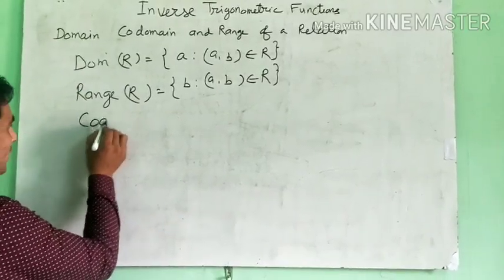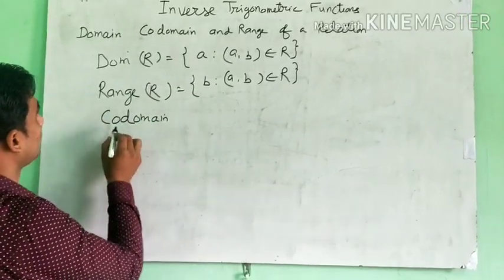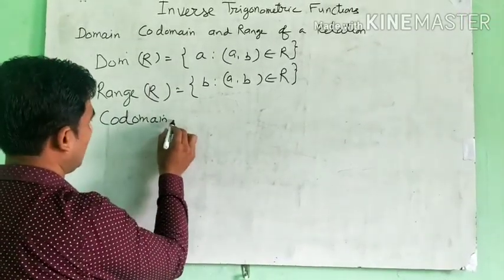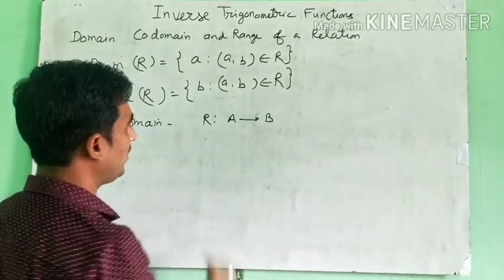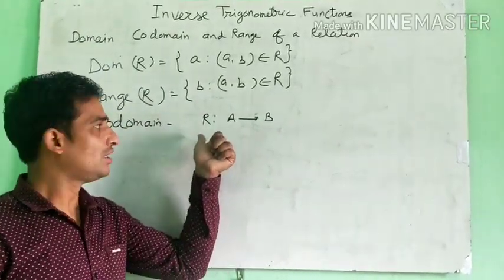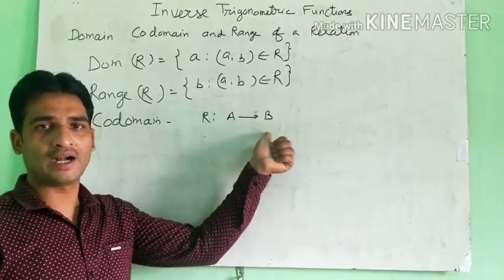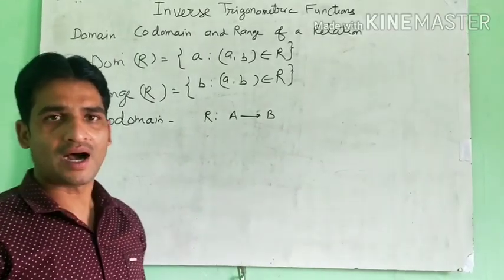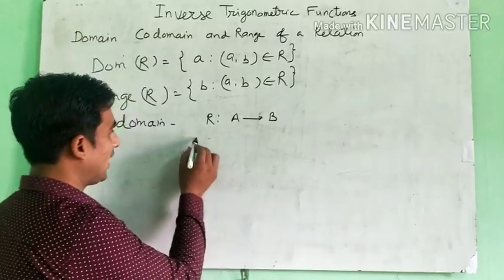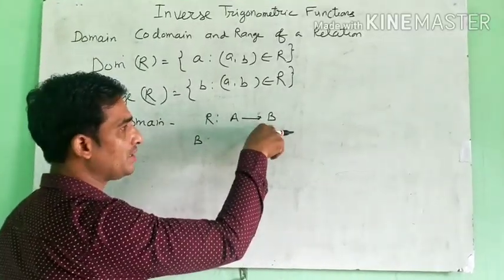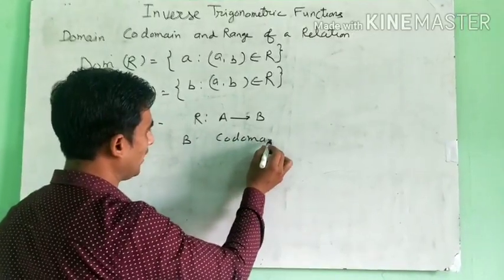And what is codomain? If R is a relation from A to B, which is symbolic language implying R is a relation from set A to set B, then the entire set B is called the codomain.